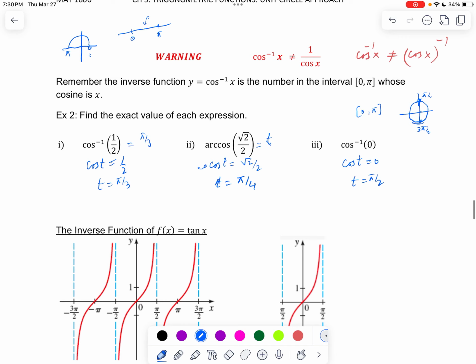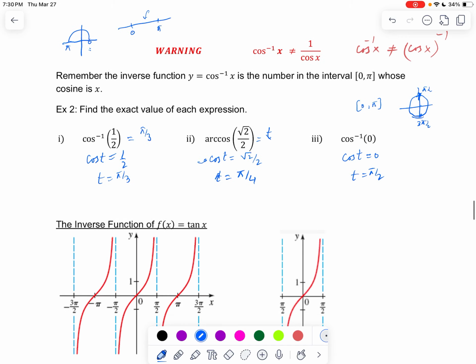What we do is pick the middle piece, which passes through 0. The asymptotes are x is equal to negative pi over 2 and x is equal to pi over 2.